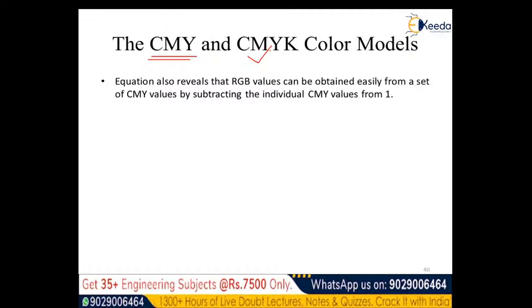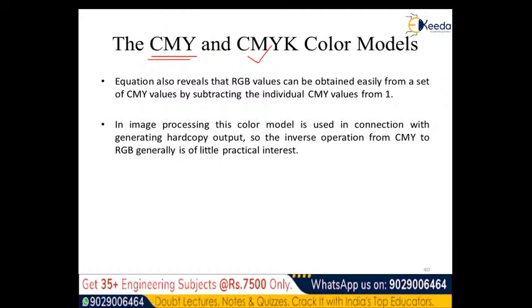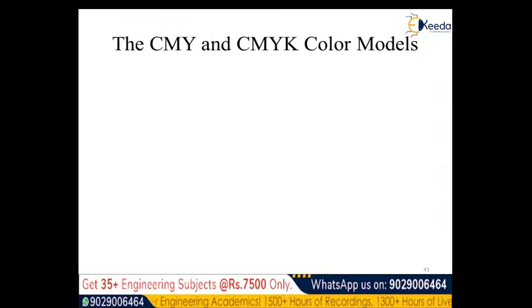The inverse operation is of very rare use, or practically of very little interest, and the mathematical expression for the conversion we have just given. With the help of these equations and discussion, I hope you are familiar with C, M and Y, cyan, magenta and yellow. So what is the K in the second title?